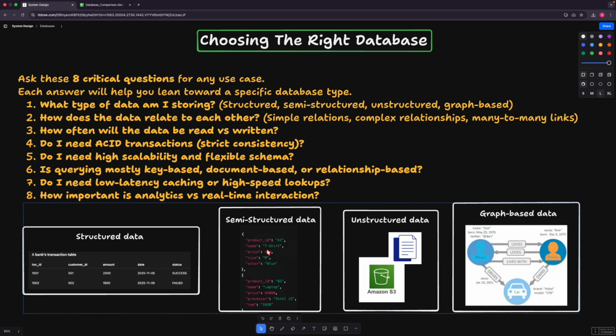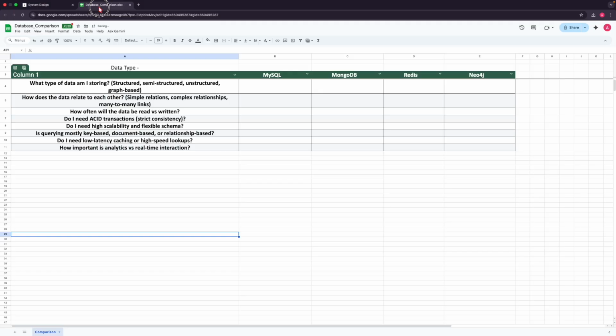To handle these kinds of scenarios, we should answer the other questions as well. So we are good with the first question, but we need to look into the other critical 7 questions. For that reason, I have created a separate Excel sheet where I have defined all those 8 questions, and I have added the different databases that we can consider.